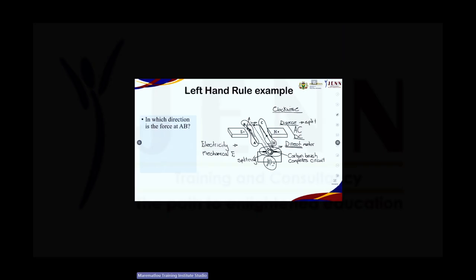So you know a direct current will always have a split ring as a component for the electricity to flow. Now you will see these openings that you have here, so that is why we call it a split ring. That is the reason it helps the current to flow in one direction the whole time.